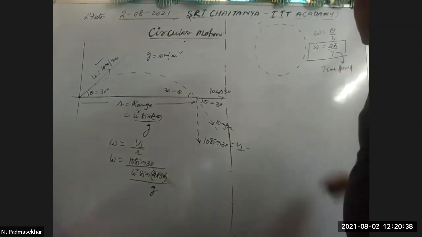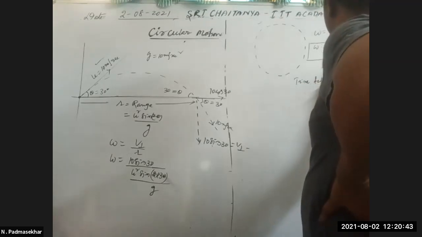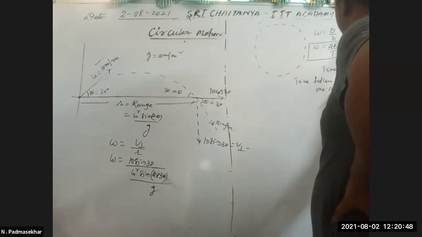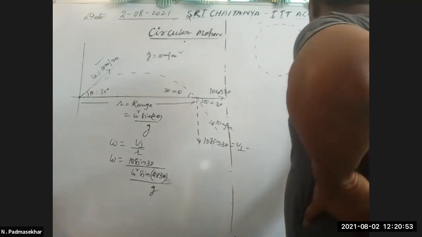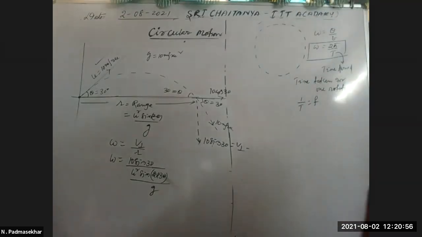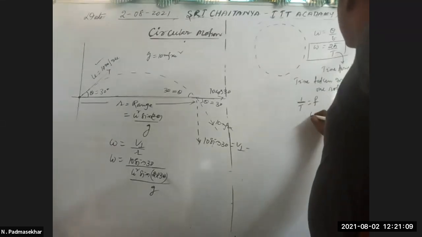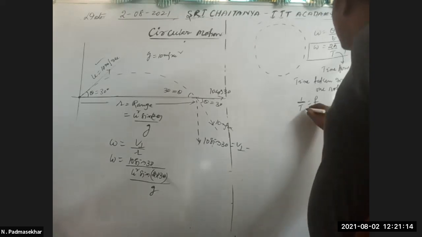Time period means the time taken for one rotation. You know, 1 by time period is equal to frequency. So omega is equal to 2 pi f.